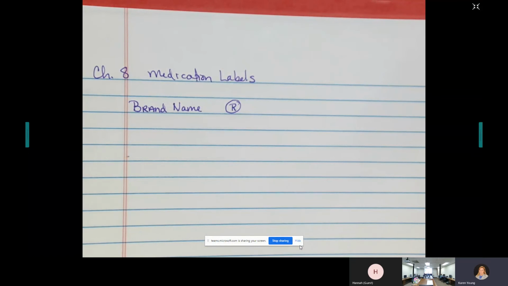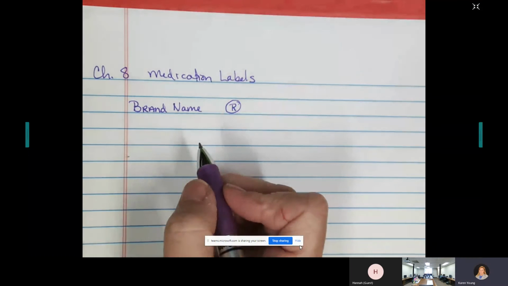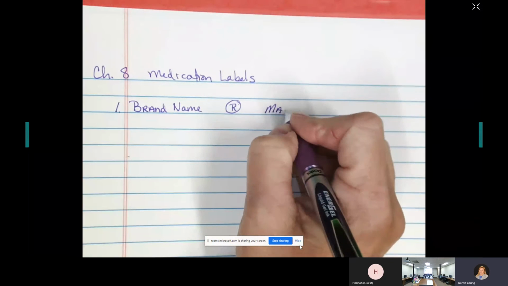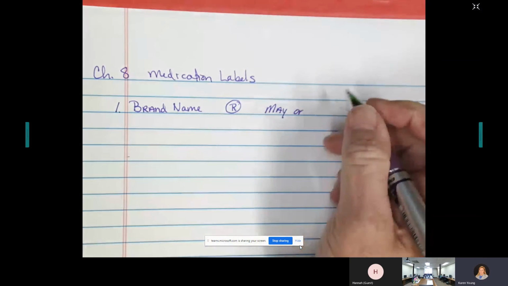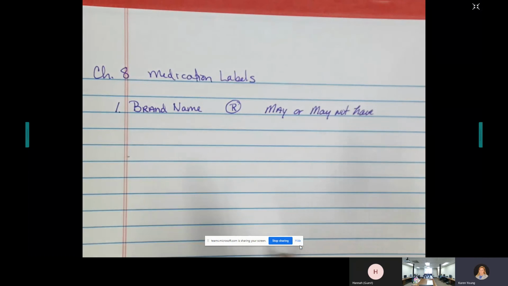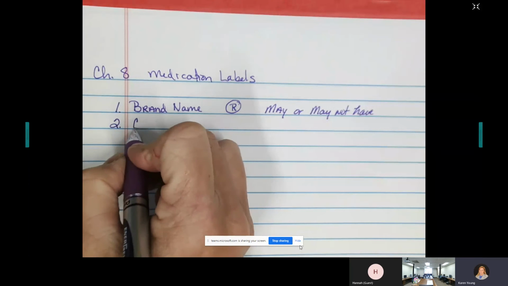It was given to the drug by the manufacturer. I don't have any Tylenol to look at right now to see what manufacturer it was. Your drug label may or may not contain a brand name. But it will have a generic name.